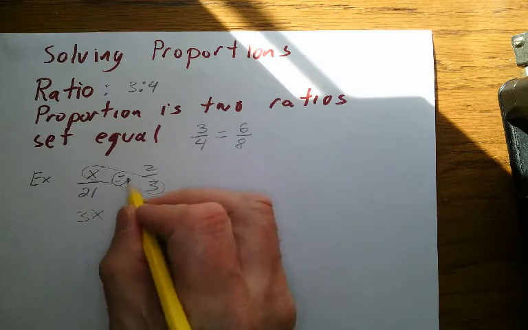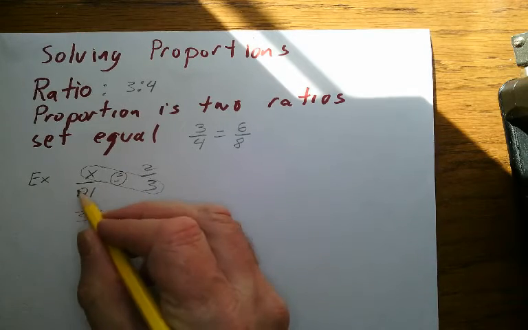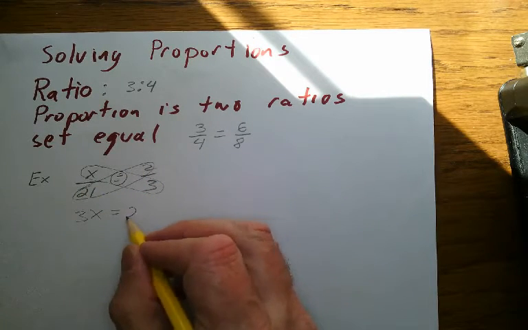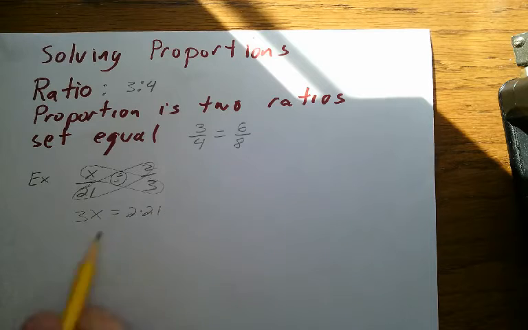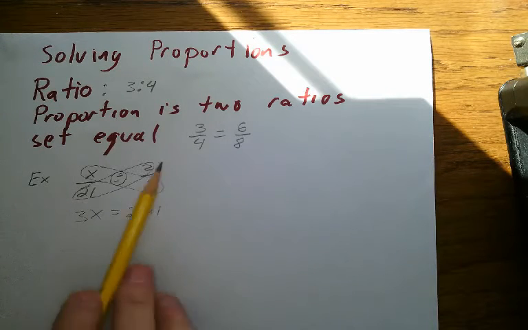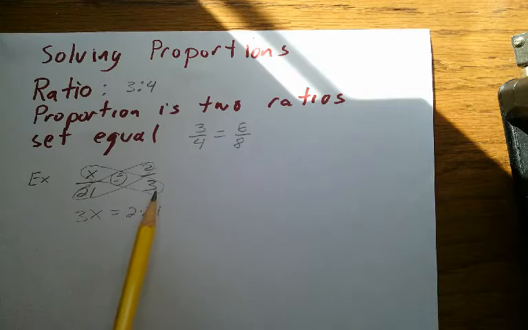You set that equal to 2 times 21. This is just an illustration of how it's done. For some reason, in the past, students have done this and only this and think they've cross-multiplied. Now, cross-multiply means you actually multiply.